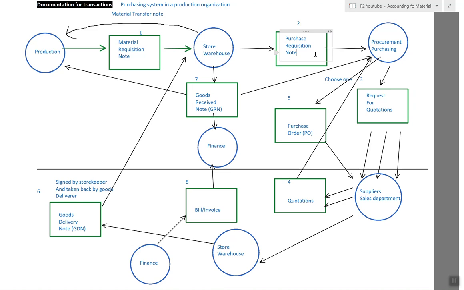So suppliers regularly check the websites of the customers, and if they see there is an RFQ there, they will send quotations. Remember, the purchasing department is sending it to the sales department because if one person is buying, another person is selling. So we have this kind of mirror image situation. So the supplier's sales department prepares quotations or estimates.